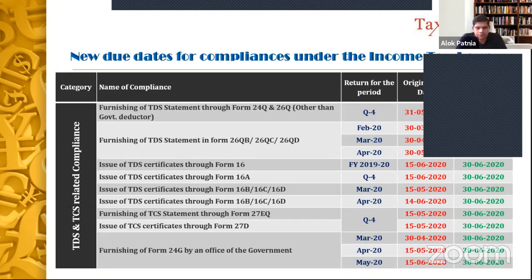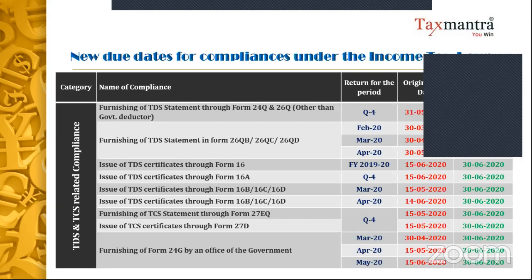And Form 24Q by an office of the government is basically a return filed by the government for any TDS deducted by a government office, a government deductor. They need to prepare a return and file it within the specified due date, for the months of March, April, and May. Now all together it is extended to the 30th June.